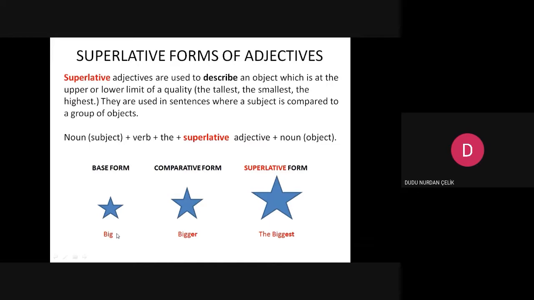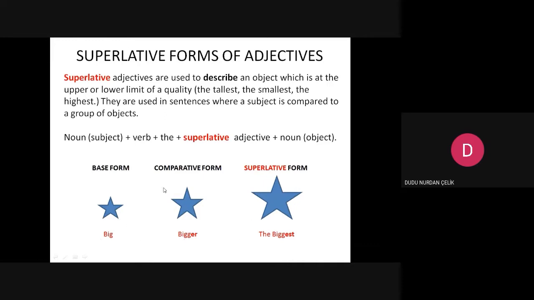Look at this group. When we talk about this group of stars, we can say big as the base form. There is no addition, big, just the adjective. And when we compare the first and the second stars with each other, we can say the second star is bigger than the first star. Bigger.